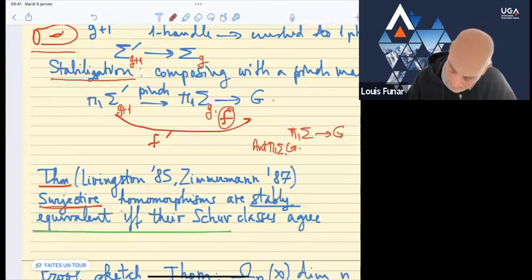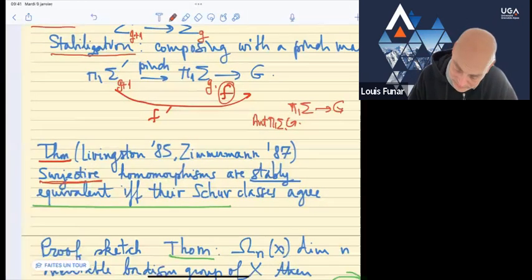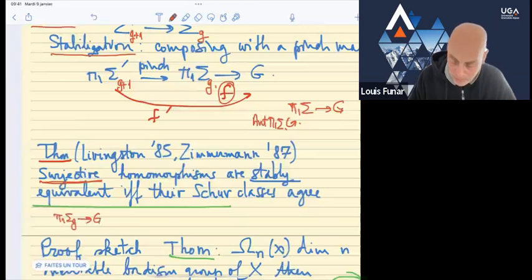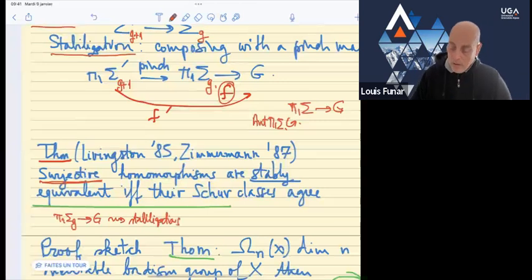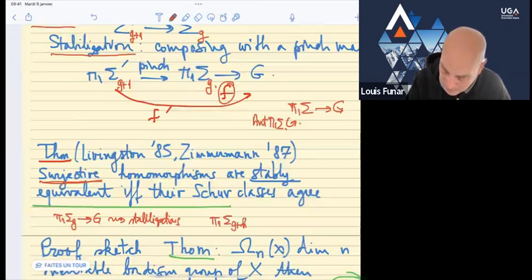So what does this mean? It means that we have two homomorphisms from pi1 of sigma into G. Well, you can have pi1 of two different surfaces, and then you get stabilizations, which are Hurwitz equivalent, meaning that you have pi1 of sigma of genus g plus some n, some big h, going by some iterated pinches into pi1 of sigma, and again into G by f and f prime.